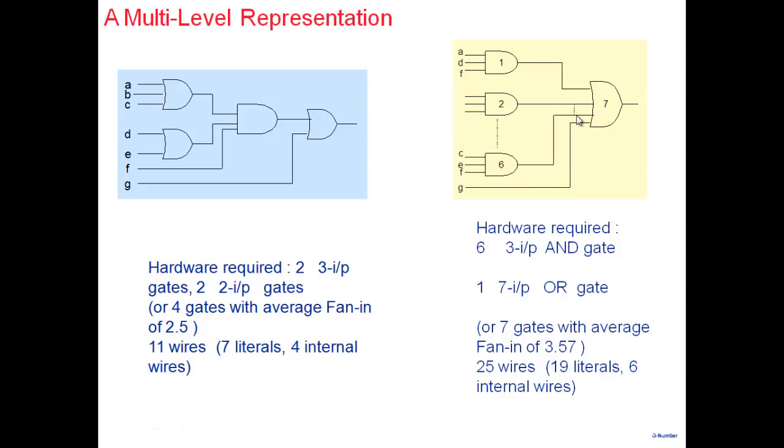Which means what? After doing your Boolean expression in two-level sum of products form, if you want to go from here to here, you need to take your Boolean expression and factorize it. When you factorize it, you can represent it in multi-level form.